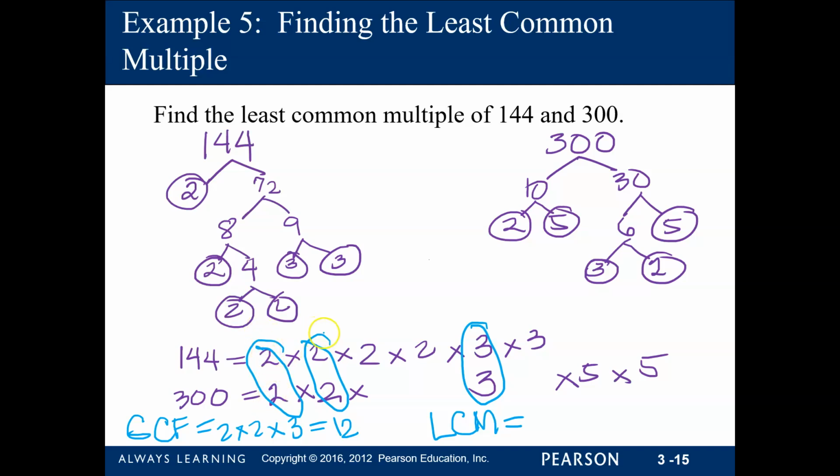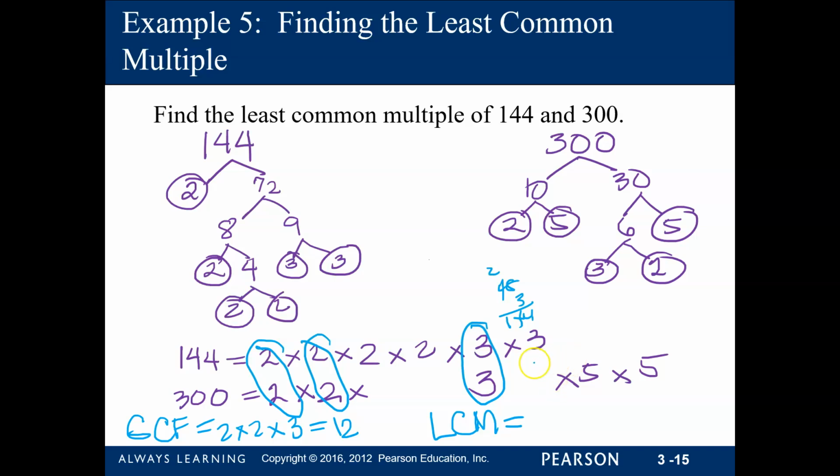So 2 times 2, which is 4, times 2 is 8, times 2 is 16, times 3, 16 times 3 is 48, 48 times 3 is 144, 144 times 25.